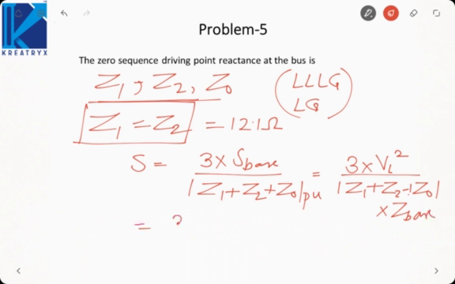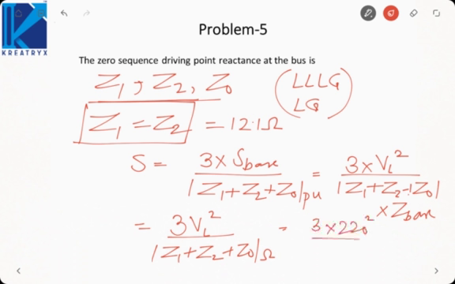So this will be 3VL square by mod Z1 plus Z2 plus Z0 in ohm. So it will be 3 into 220 square by 24.2 plus Z0, which will be equal to 4000. So from here Z0 comes out to be 4.84 ohm. Okay, so this will be the zero sequence impedance.